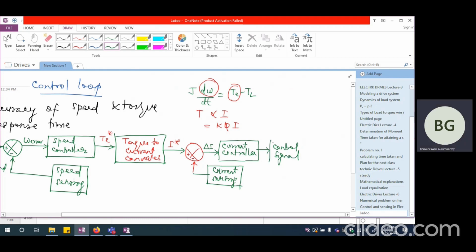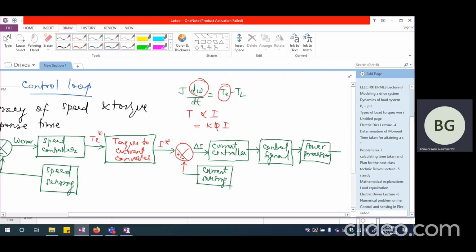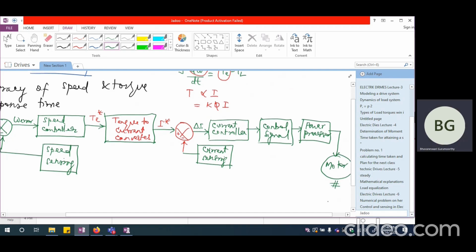So this control signal will go to the power processor. So this power processor now is feeding the motor. And motor, of course, is coupled to the load.